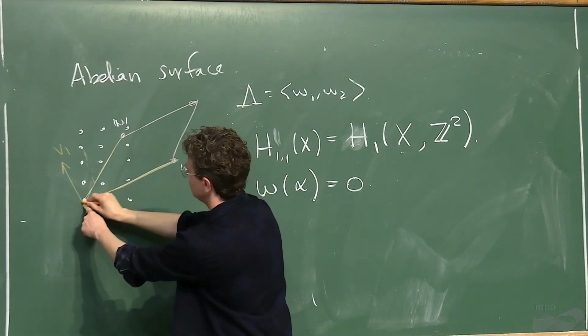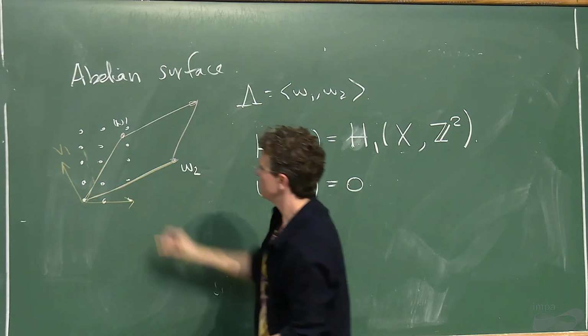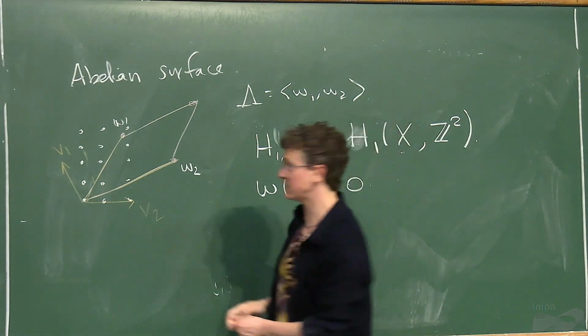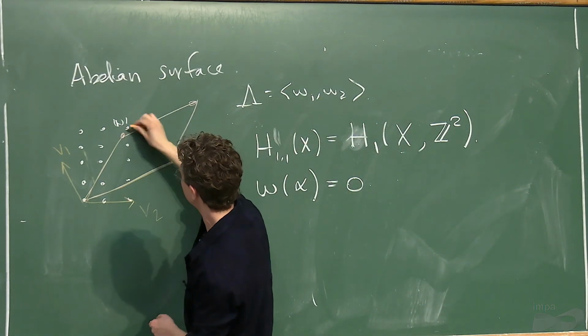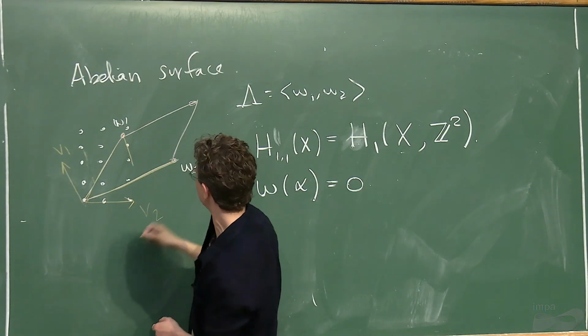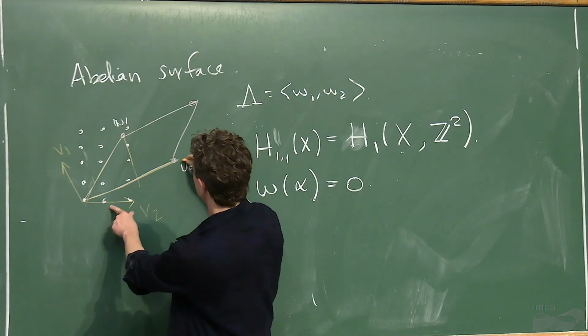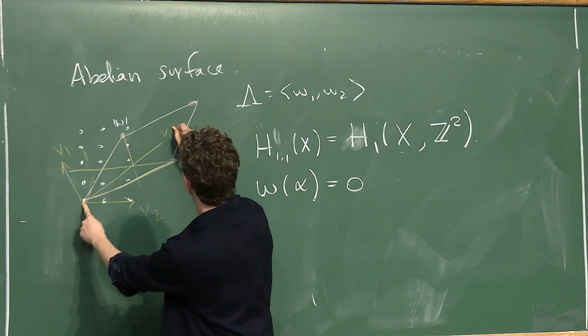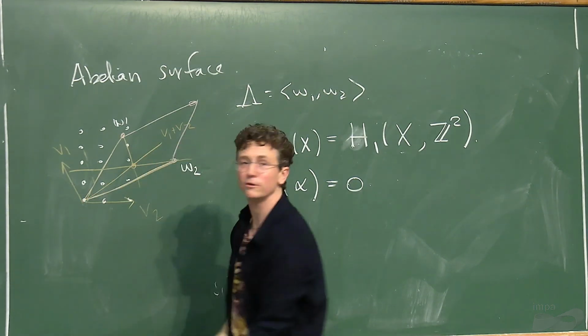And for it to be in the kernel, it's the exact same thing as saying that drawing the lines from W1 in parallel here, from W2 parallel here, and from the origin parallel to their sum, those are concurrent.